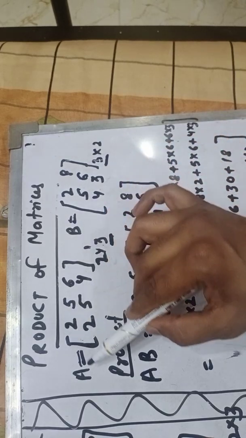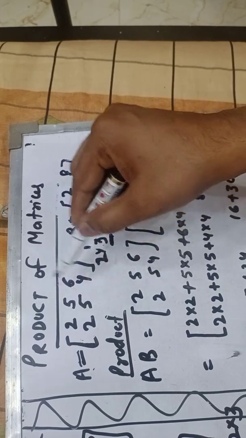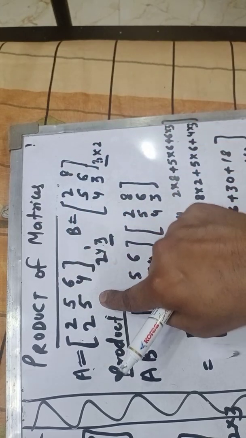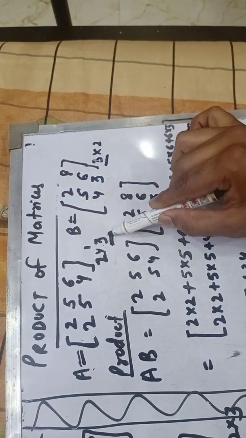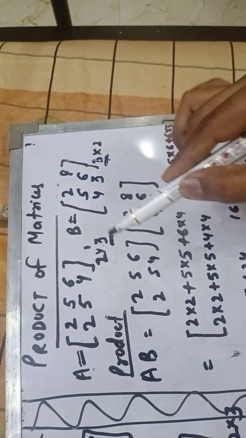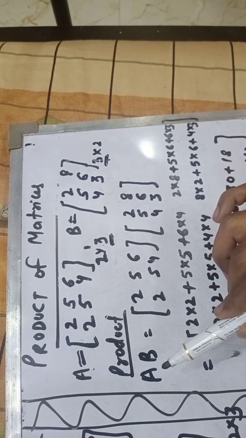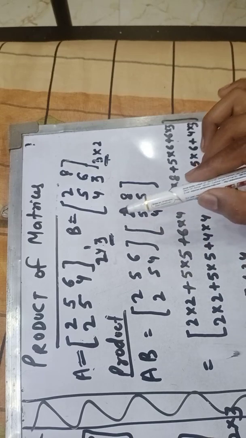That means in matrix A, the total number of columns is 3. So the columns of the first matrix and the rows of the second matrix must be the same. If they are the same, then you can multiply. Then the multiplication is possible. Otherwise, multiplication is not possible.